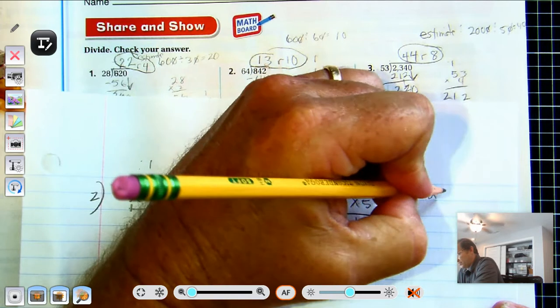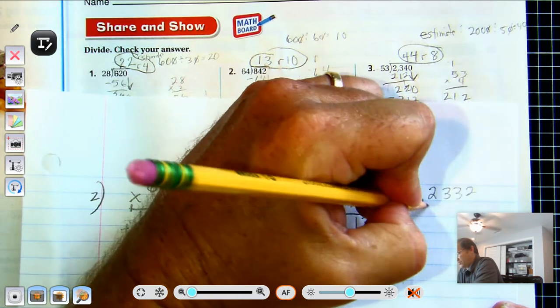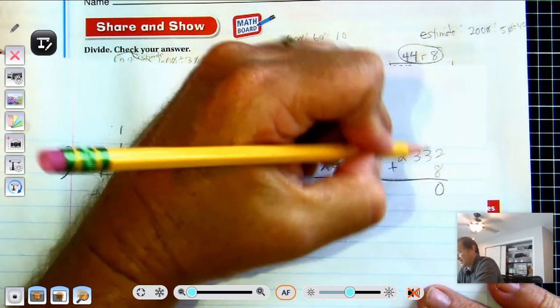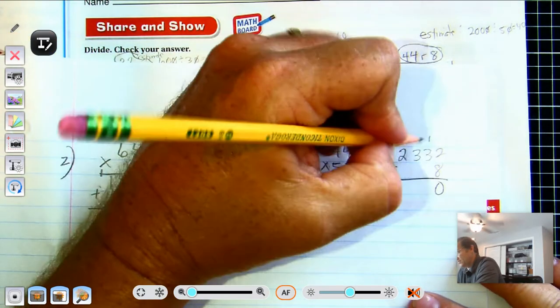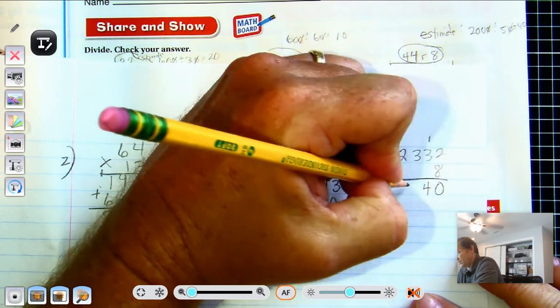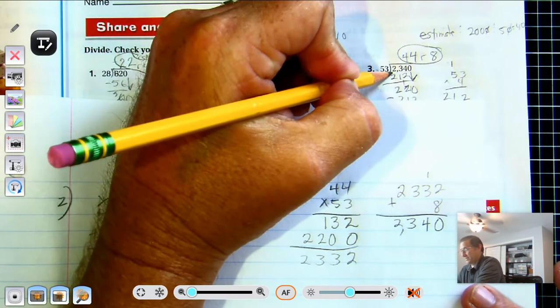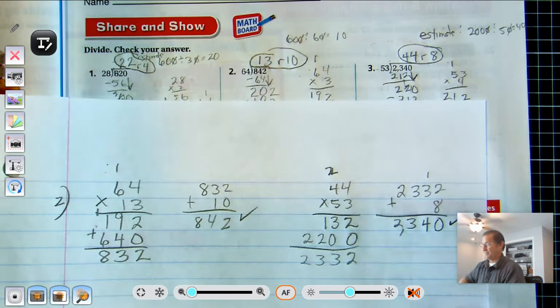So we have 2,332 plus our remainder of 8. 8 plus 2 is 10. Regroup as 1 ten and 0 ones. 3 tens plus the regrouped 10 is 4. 2,340, which is matching our dividend.